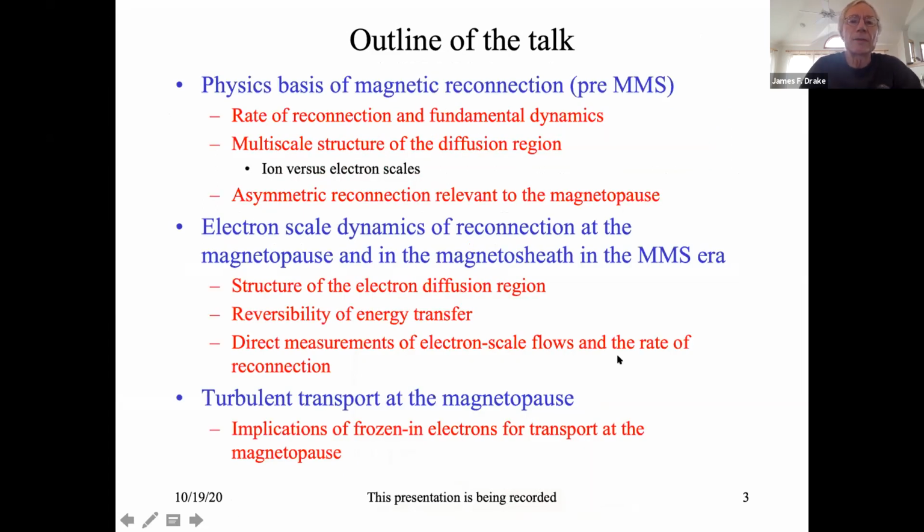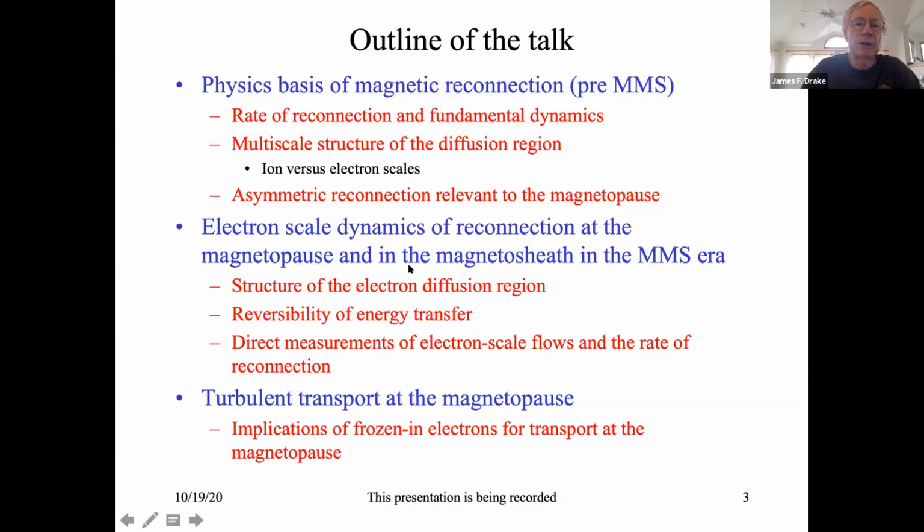Okay, so here's an outline of my talk. At the beginning, I'm going to go over some of the fundamentals of reconnection, and I will show you some data. Most of this discussion is going to be pre-MMS physics. Then we will go on to what's going on in the so-called MMS era.